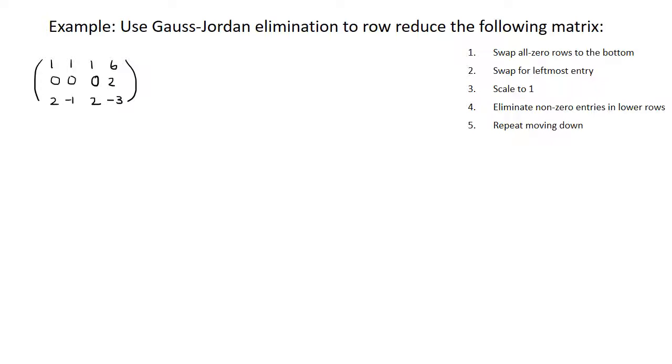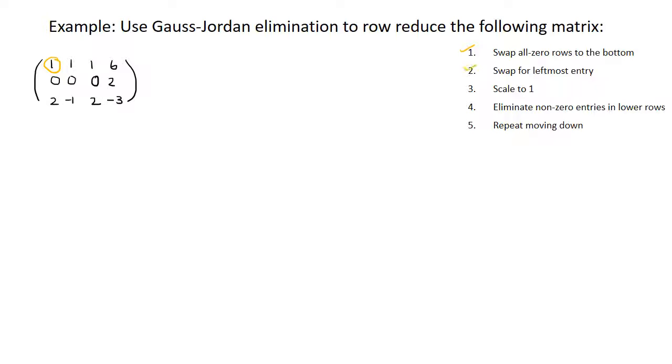So our first step is to swap any row that is all zeros to the bottom. And we can see that there are no all zero rows here. So step 1 is all done. Next, we're going to swap rows so that our leading entry in the top row is the leftmost. And this is as far left as possible.